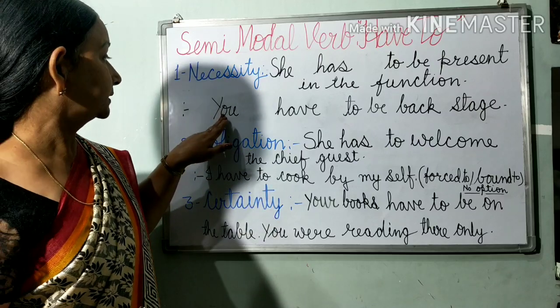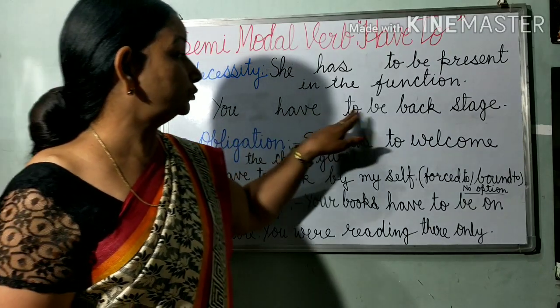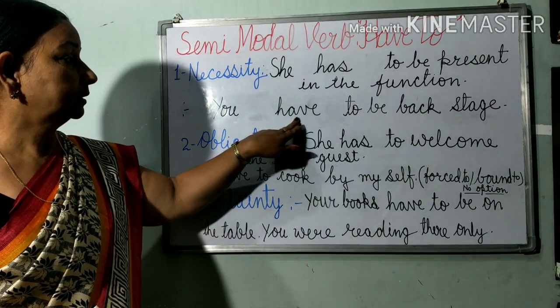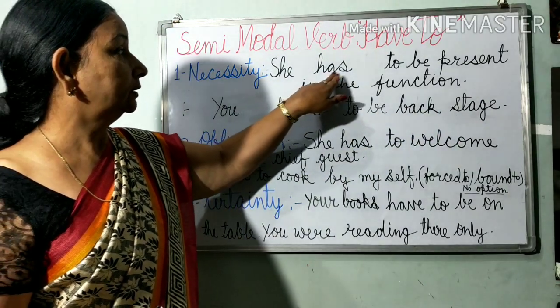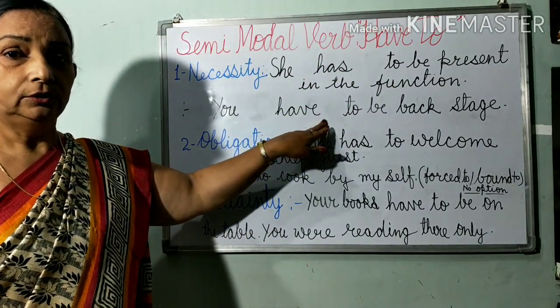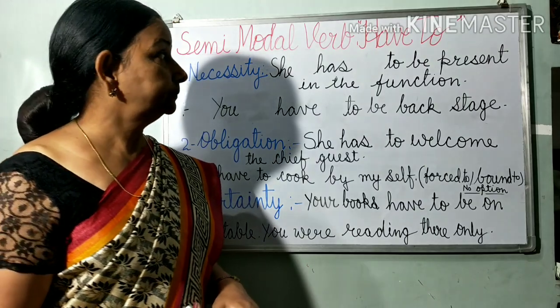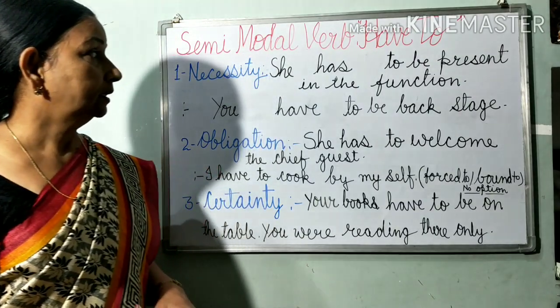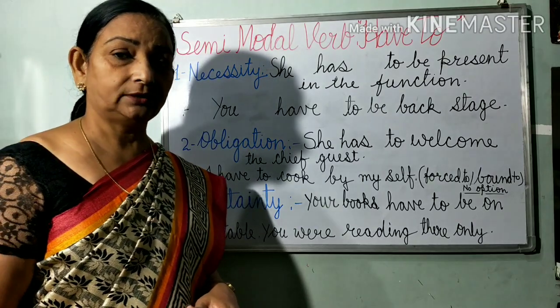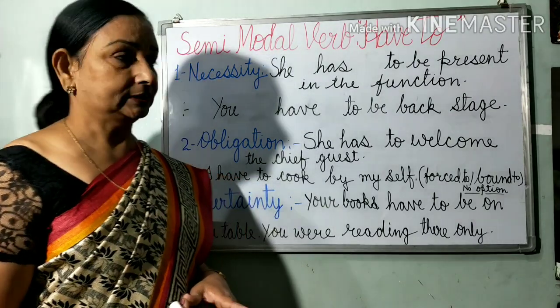Okay. Next example is "You have to be backstage." Why this example? Because here I used "has to" and "have to". Both the semi-modals are used in present tense. "Has to" for singular subject, "have to" for plural subject.